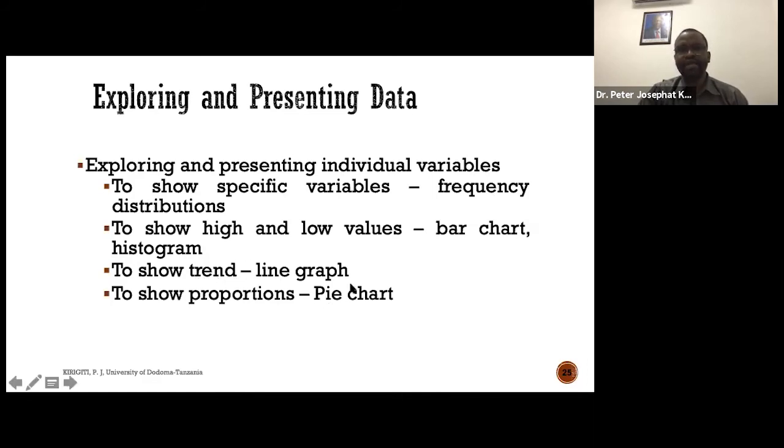We are going to the line graph. Now the question is, in order to have a line graph, are we going to have a line graph of a qualitative variable or data? Probably you might be interested in the quantitative data. What about the proportion? You'll go for the pie chart.